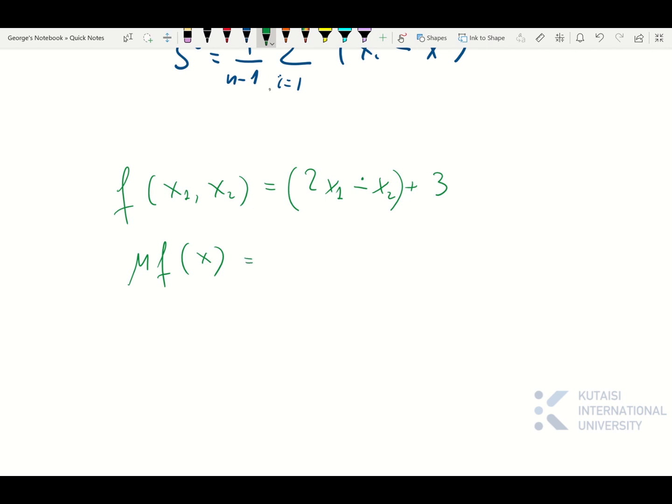What this will do is take f and plug in, first, 0 and x2. And it will look, what is this? It's 0 plus 3, right? Let's give it a concrete case. Let's say I want to compute mu f at 0.